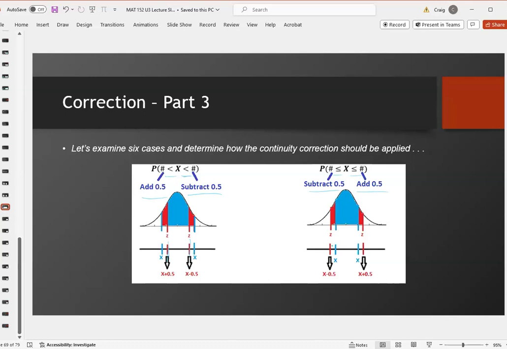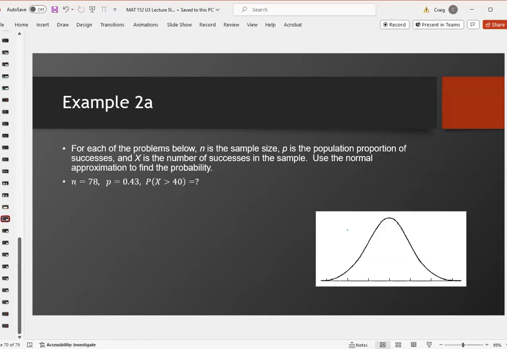If it's greater than or equal to, if they have equals to bars in there, you're going to wind up stretching the interval out a little bit. And like I said, let's look at an example.